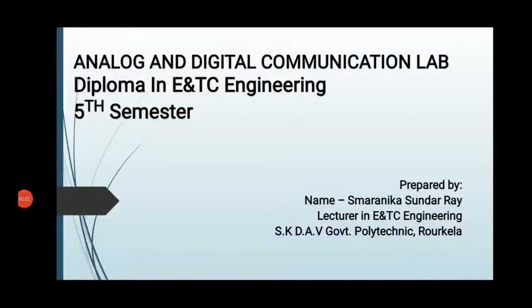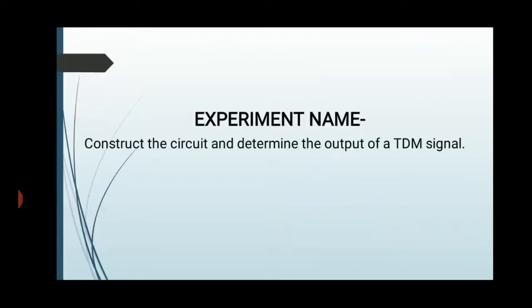Good morning, students. Today we will do another experiment of the analog and digital communication lab. The aim of the experiment is to construct the circuit and determine the output of a TDM signal, or time division multiplexed signal.